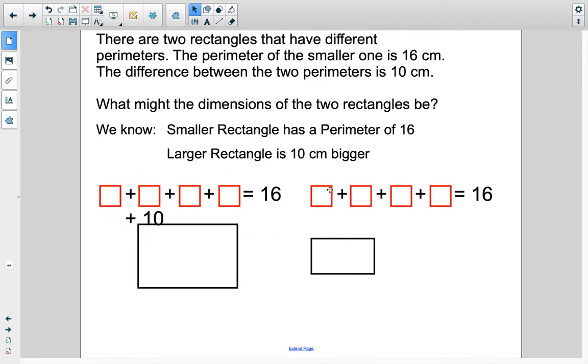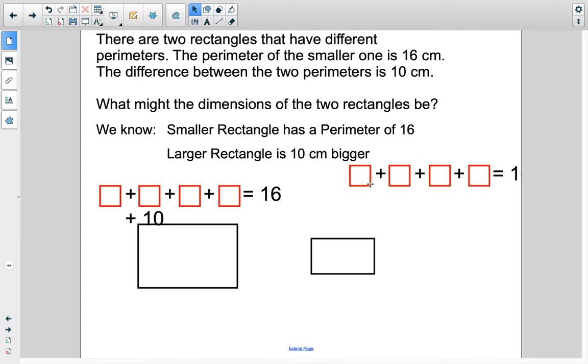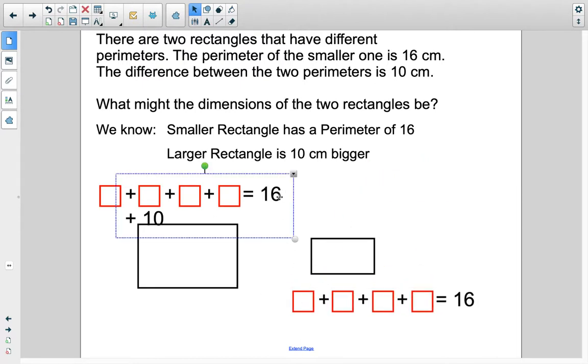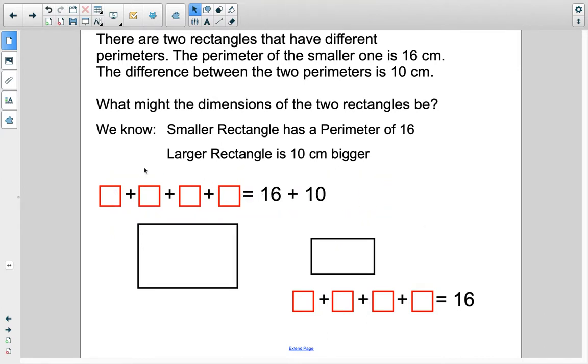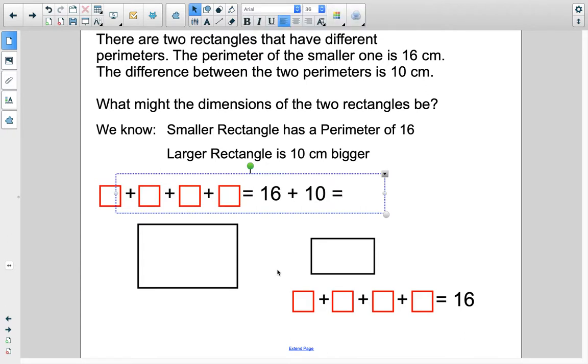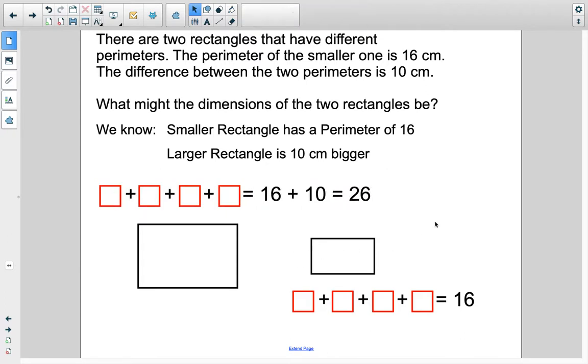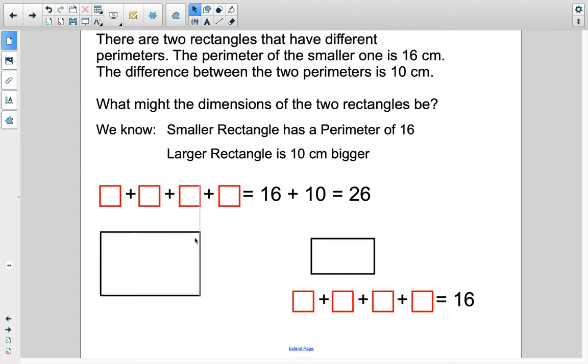So it's fairly easy then. I'm just going to put this one down here. It's fairly easy then to figure out that the perimeter of this one over here is just going to be 26, right? So we know that this one now is 26 because it's 16 plus 10 more, all right?